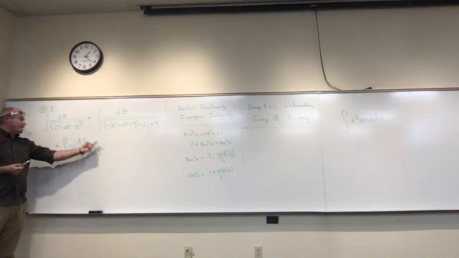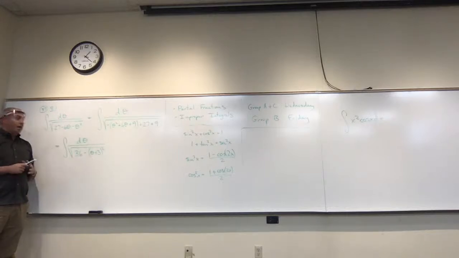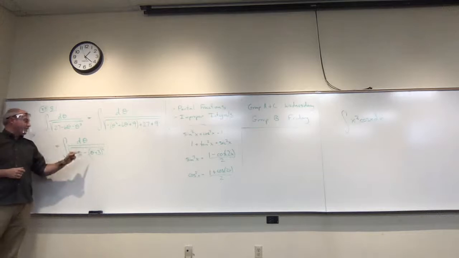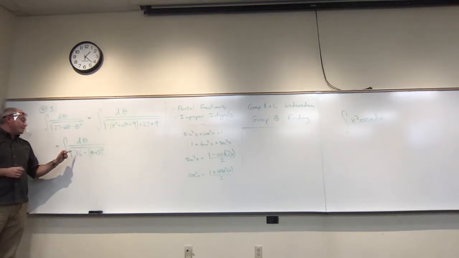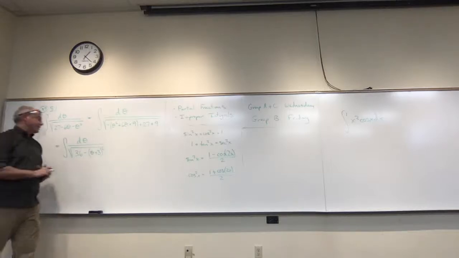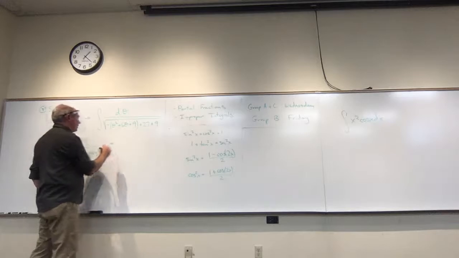Now, this has the form of a sine inverse, correct? So what is the antiderivative of this thing? I've got a d theta over the square root of a squared minus u squared. So what is the antiderivative? Can anybody tell me?